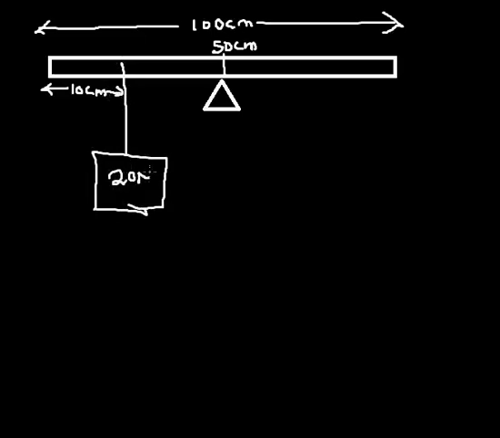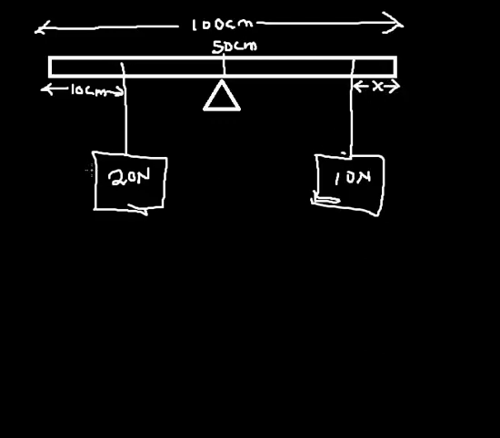The question is, at what point from the other end will a weight of 10 Newton be placed to balance it? I don't know what distance it is, so I'll just call it x.